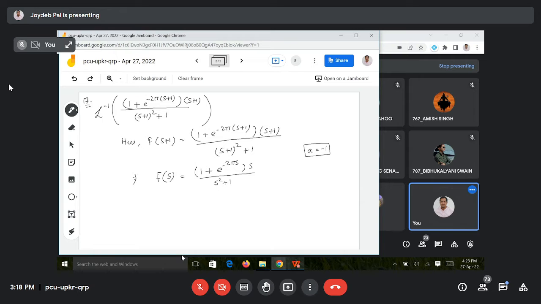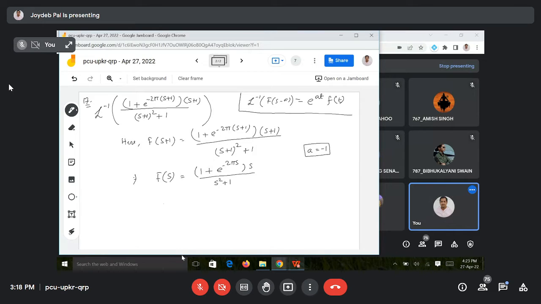So you can write the first shifting: Laplace inverse of f of s minus a is equal to e to the power at ft. Okay, so I got a which is minus 1. Now I need ft, right? I need ft. So how to get ft? Simple, Laplace inverse of fs.